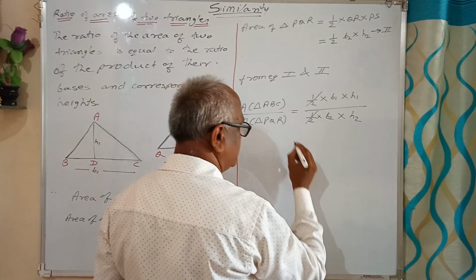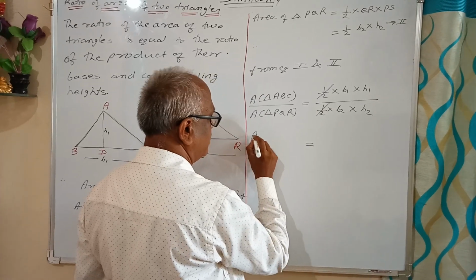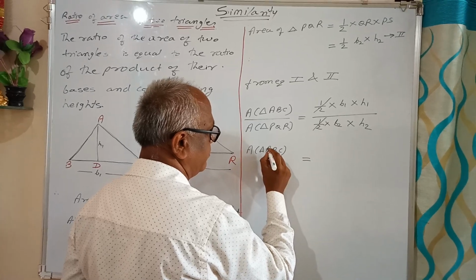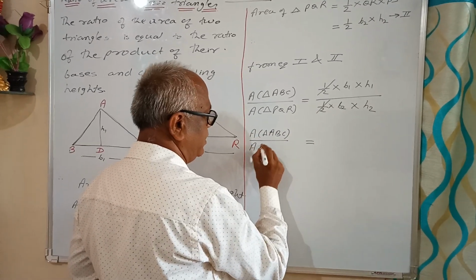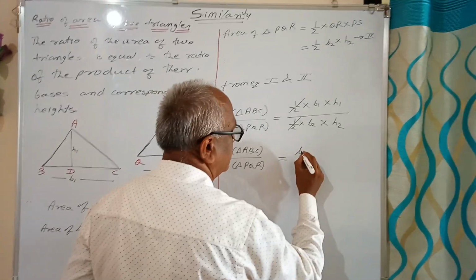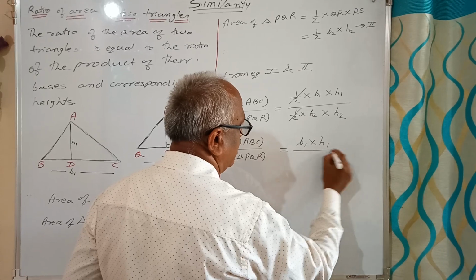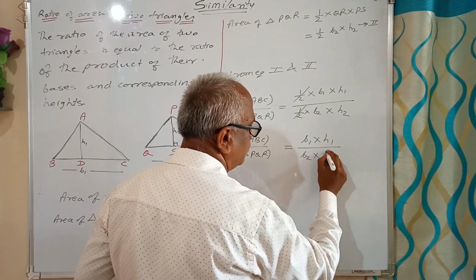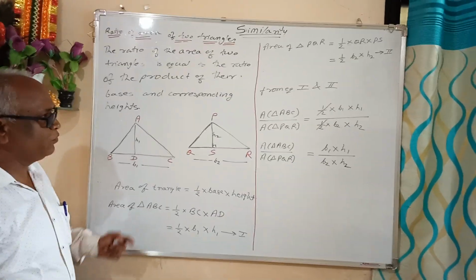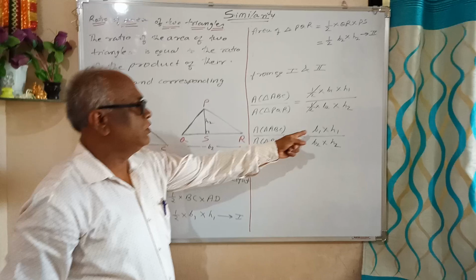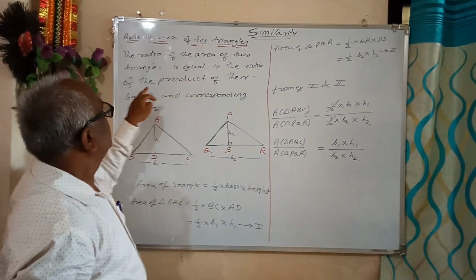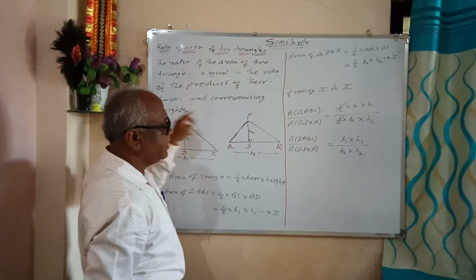This half is cancelled, so area of triangle ABC upon area of triangle PQR is equal to B1 into H1 upon B2 into H2. That is, we have shown that the ratio of the areas of two triangles is equal to the ratio of the product of their bases and the corresponding heights.